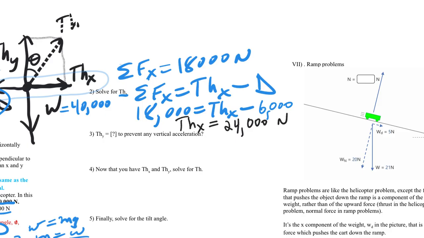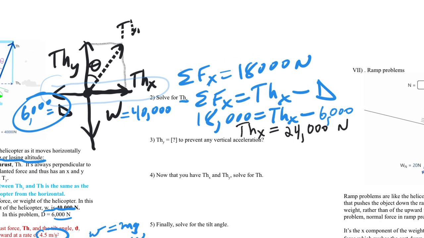Okay, so let's find THY to prevent any vertical acceleration. Let's look at our picture. THY has to equal the weight. Why does THY have to equal the weight pointing down?